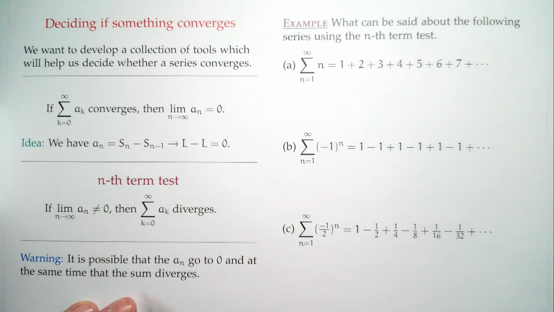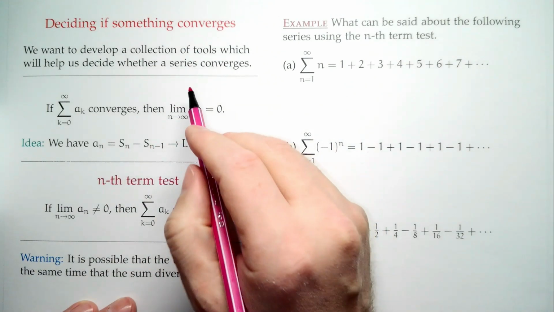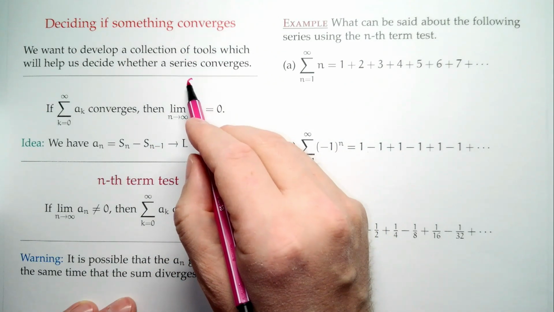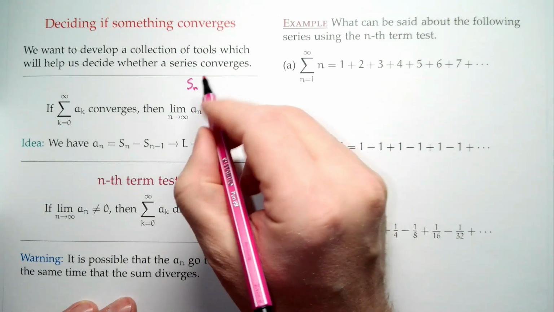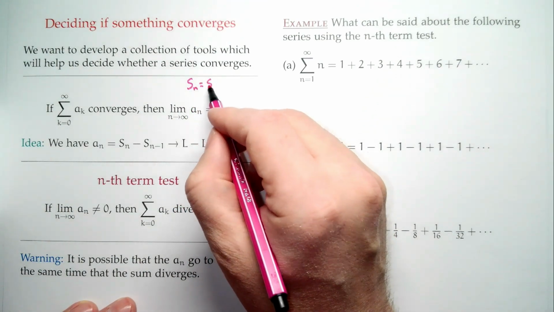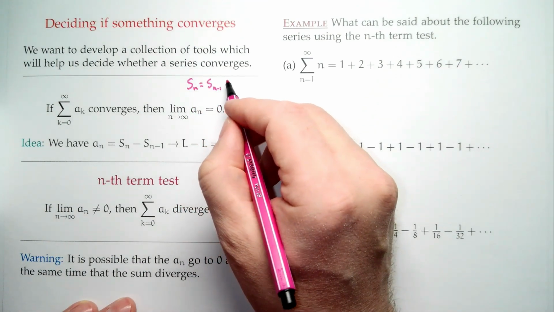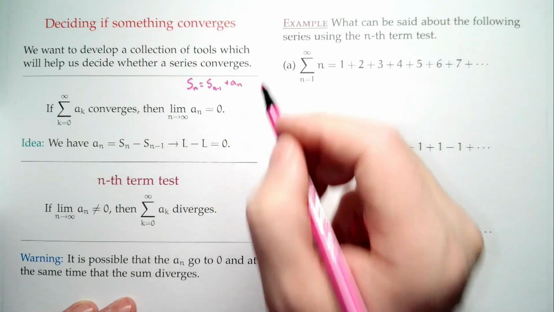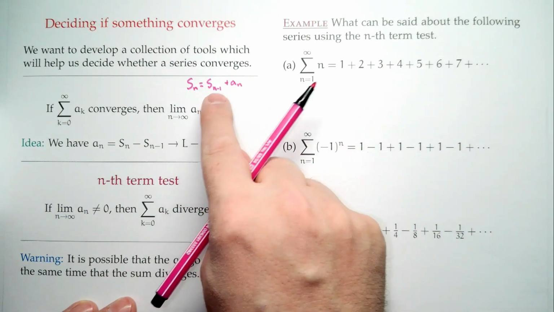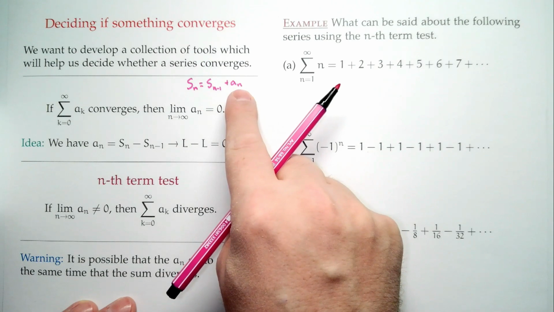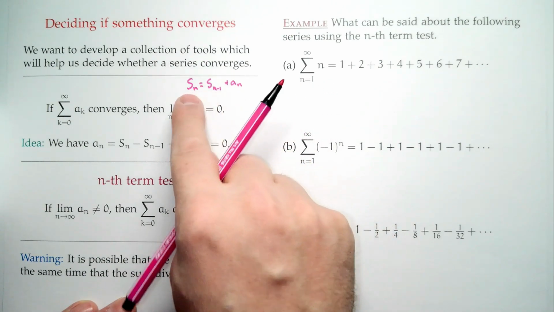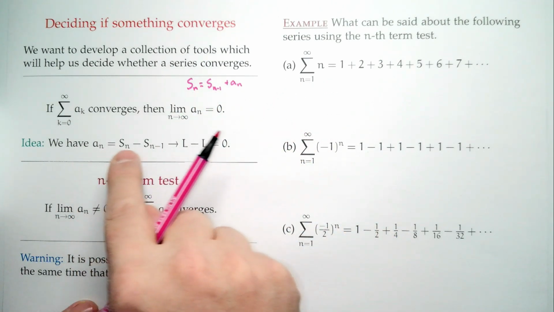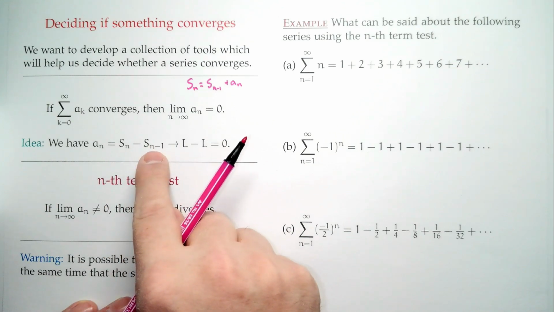Now, normally the way we would write this before is it says, look, if you want to find the nth partial sum, what you do is you start with the n-1 partial sum, and then you add one more term. Because to get to the next partial sum, you just add the last term. So if you move this across, you get that the last term is the difference of two partial sums.